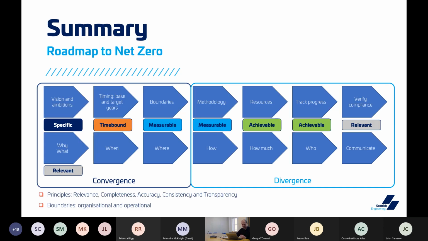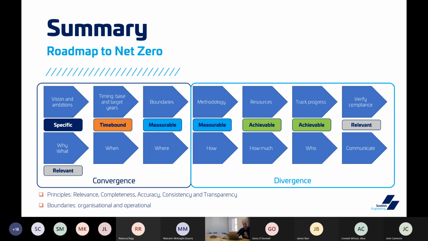So to summarize, you look at the vision and the ambitions, and that makes it specific. That's a why and what, and as well as making it specific, it makes it relevant. You look at the timing, so you've got your base year, you've got your target year, and that's your when, and that provides the time bound.